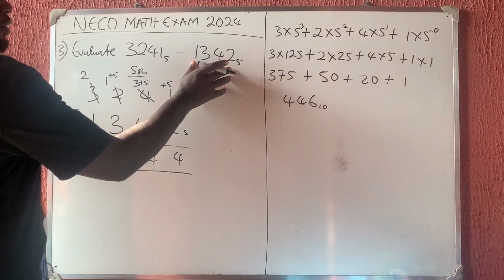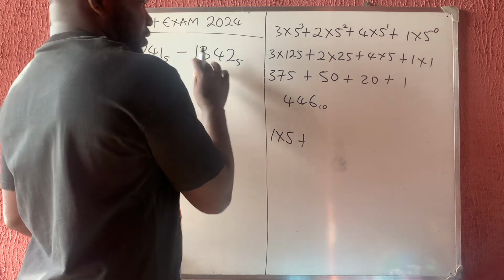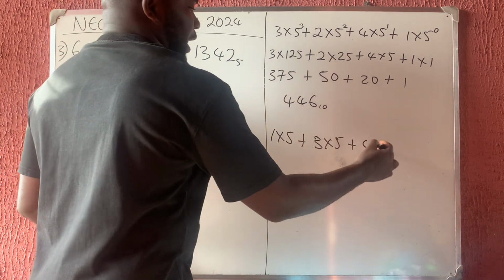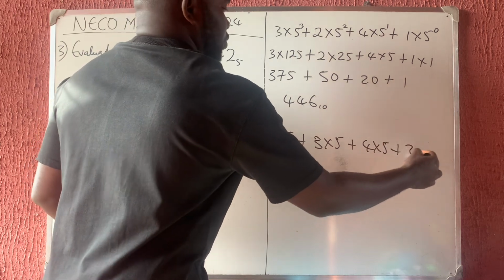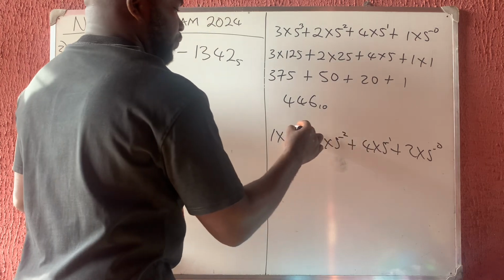So let's do the same thing to this person again. We have 1 times 5 plus 3 times 5 plus 4 times 5 plus 2 times 5. So we have 0, 1, 2, 3 as well.